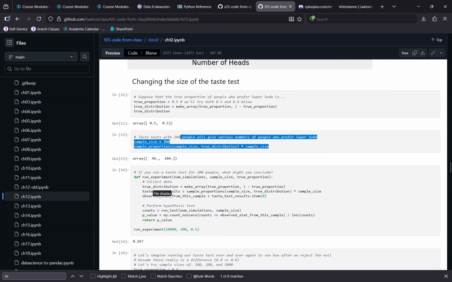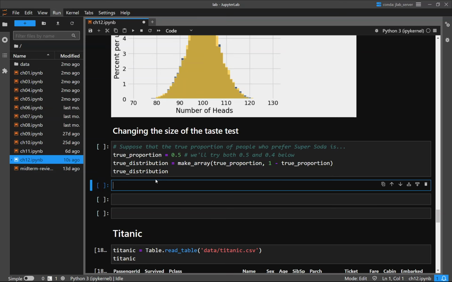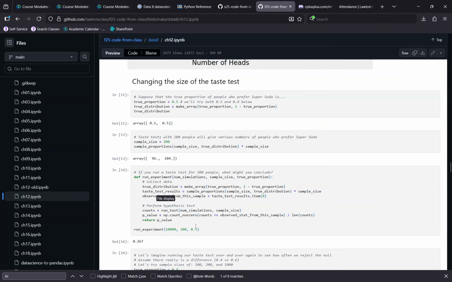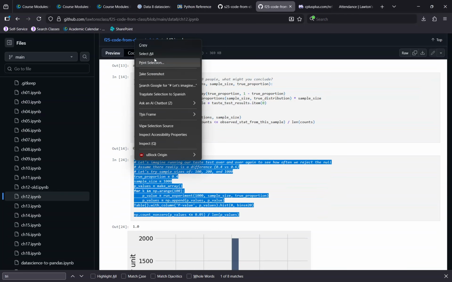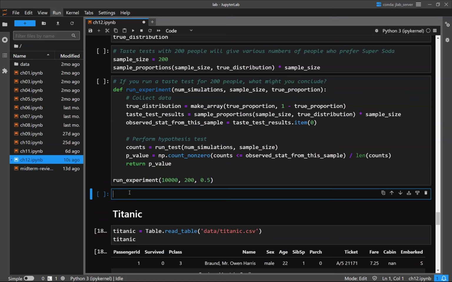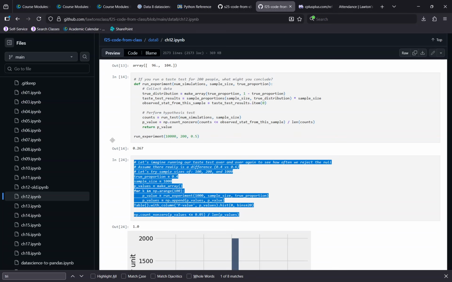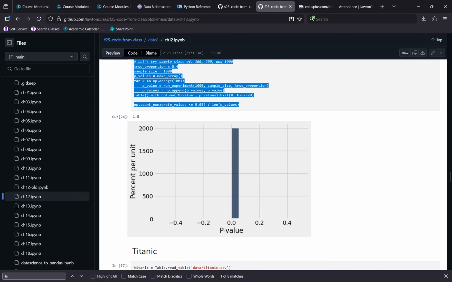If I do it that way, there are fewer weird things that appear. Again, you don't have to understand any of this code. It's just to show you what happens if you were to change the size of the test. Here's what you would see. Cool, let me run all these. At least for now. That last one will take a while.